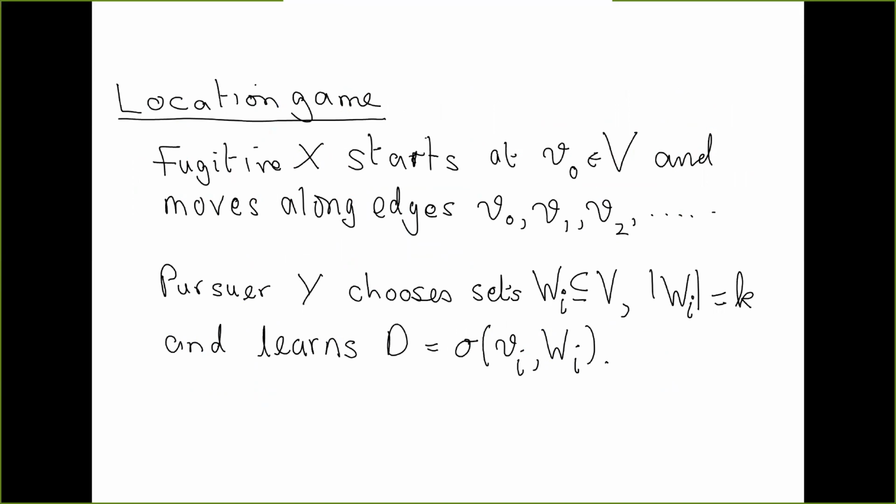And somehow, magically, when y chooses the set Wi, it learns the signature of Vi and Wi. And then it adapts to that and tries to figure out where the fugitive X is at the current moment. Okay, so what are the results on this?